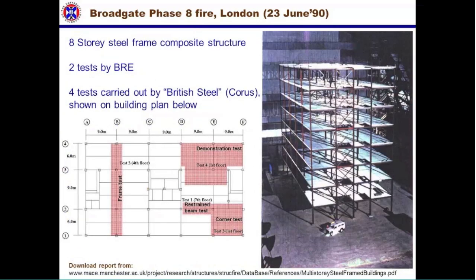So this was a spur to the steel industry to set up, with European funding and in collaboration with the Building Research Establishment and British Steel, these large tests. Actually there were 6 tests, 2 tests by BRE and 4 tests by British Steel, now Tata Steel.